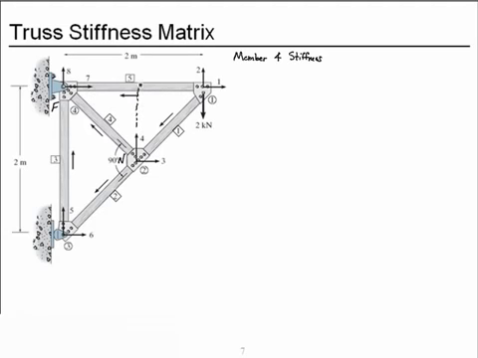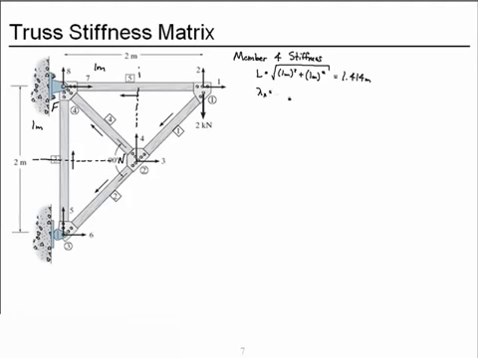The change in x coordinate is 1 meter, and the change in y coordinate is 1 meter, so my length is the square root of 1 meter squared plus 1 meter squared, is 1.414 meters long.